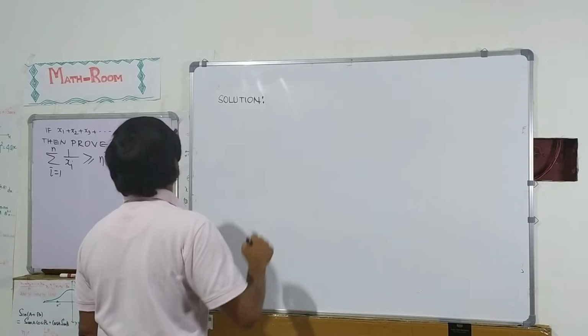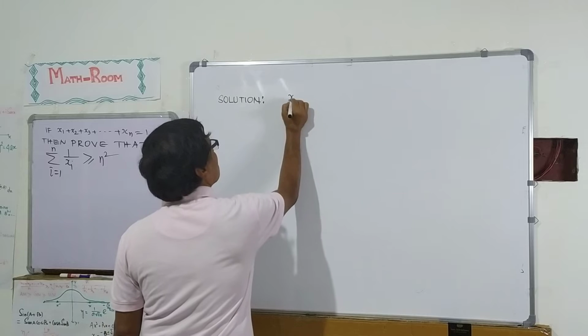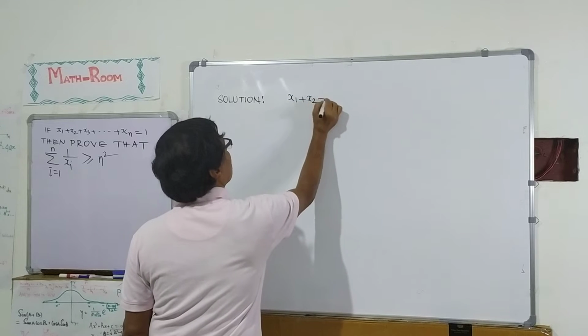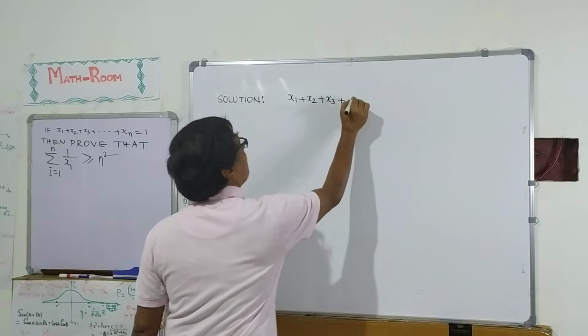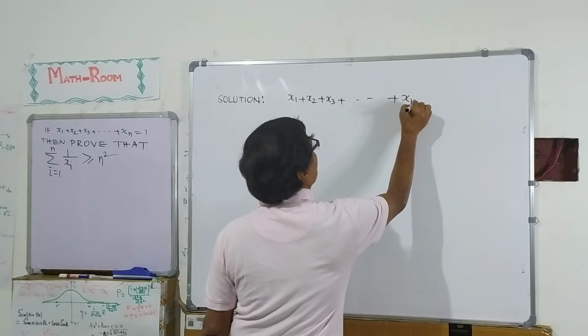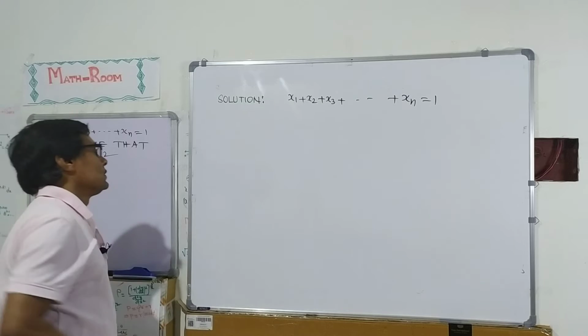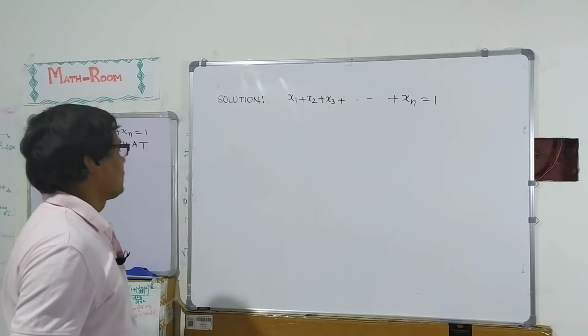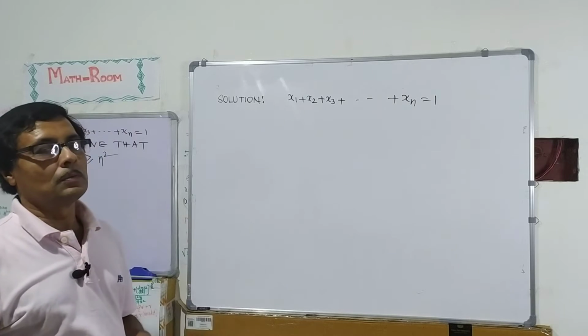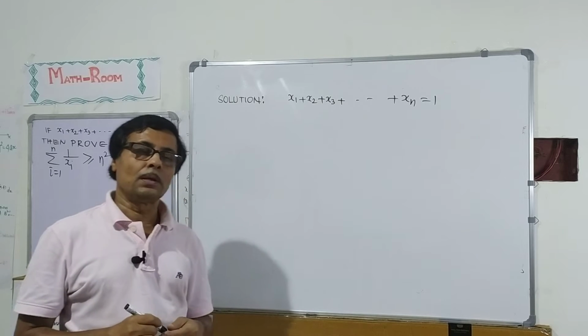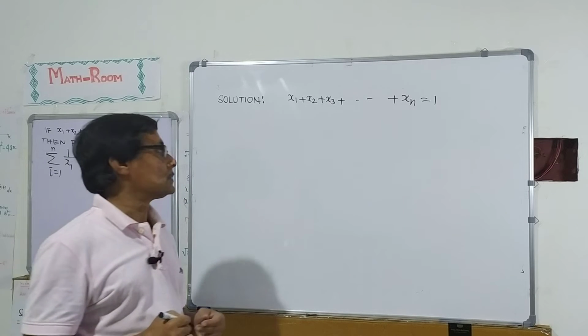Now we have the condition x1 plus x2 plus x3 ... plus xn equal to 1. We have to prove this, that is, summation i equal to 1 to n of 1 over xi greater than or equal to n square.